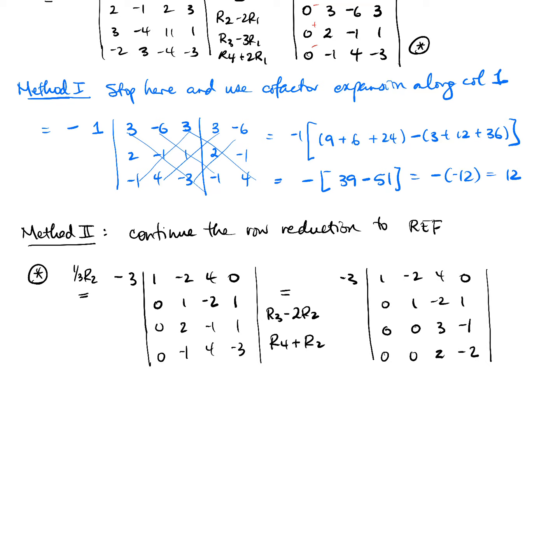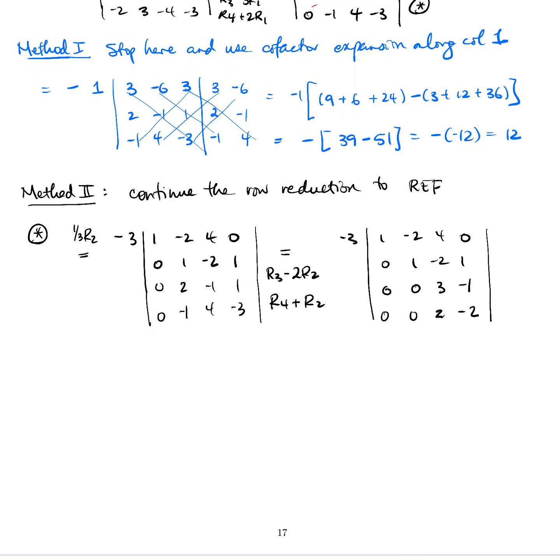All right, excellent. So continuing on down here now, what we would like is to use this entry and get this down here. So there's a bunch of ways that we could go about it. Why don't we take advantage of these? So avoid fractions.